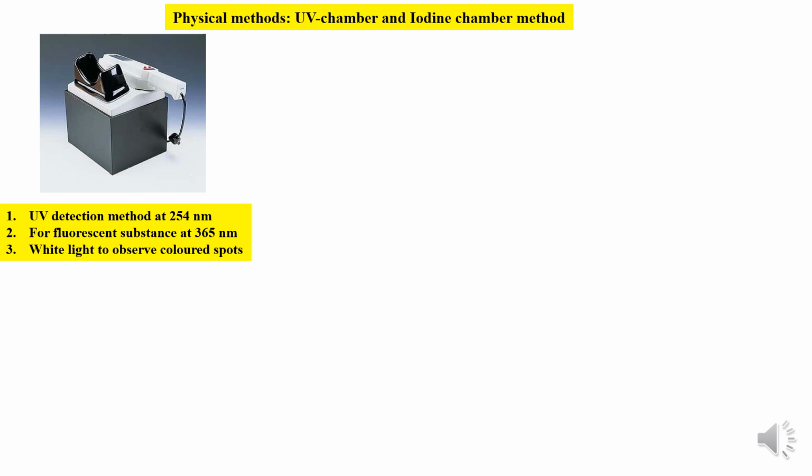Now UV cabinets are commercially available, and there is provision in the UV cabinet for detection of the separated components at a shorter wavelength of 254 nanometers and detection of fluorescent substances at a longer wavelength of 365 nanometers.